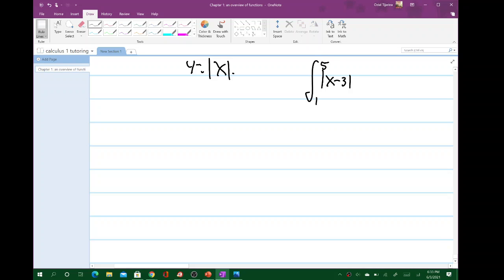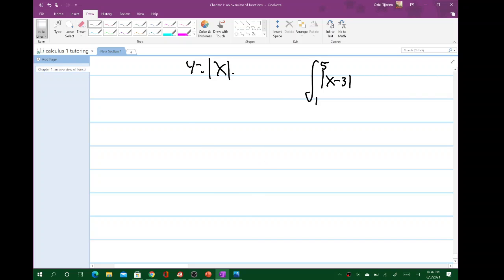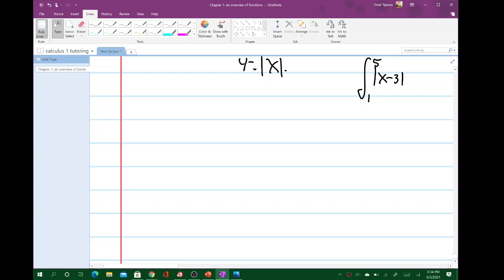Then you would have to sketch the absolute value. That's why it's really important that we learned how to graph absolute value equations, because you will use those in Cal 1, excuse me.